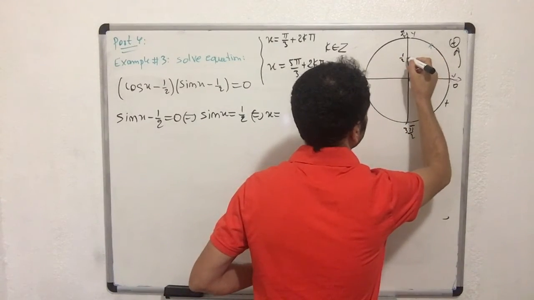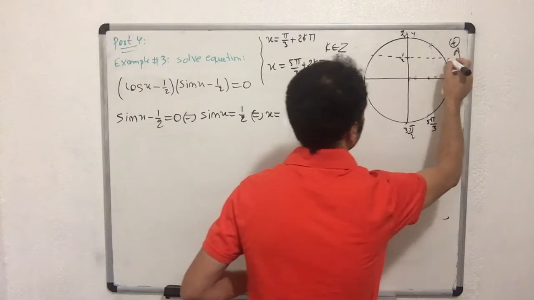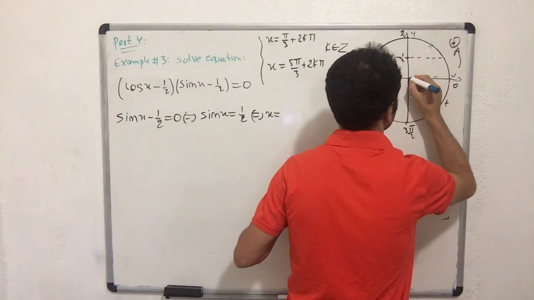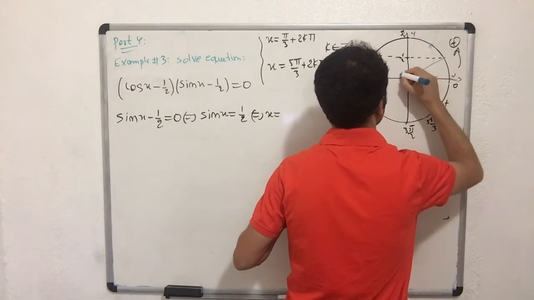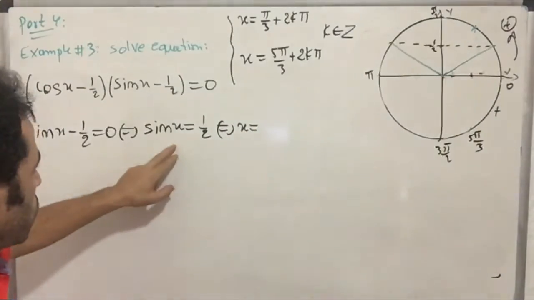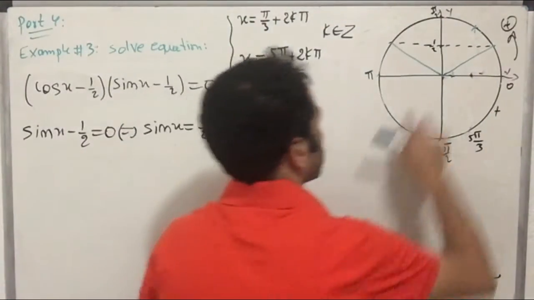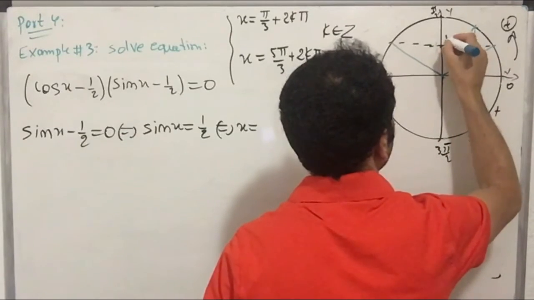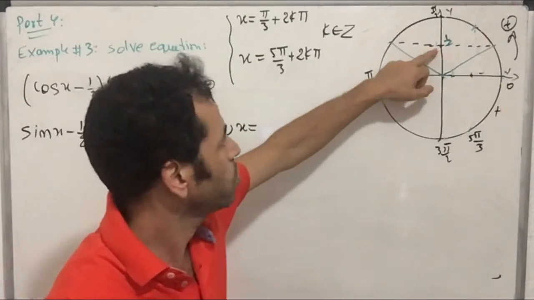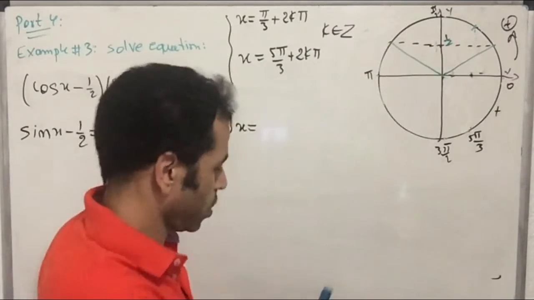Let's put the extension. I'm going to put this solution on the unit circle. Sine x equal to 1 over 2 at this point, because the vertical axis is representing sine x. By doing the extension on both sides, you will have these angles.